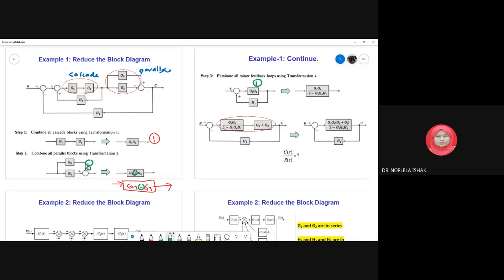Now we finished step 1. We combine G1 and G4, and then step 2 we combine the parallel, G2 and G3.